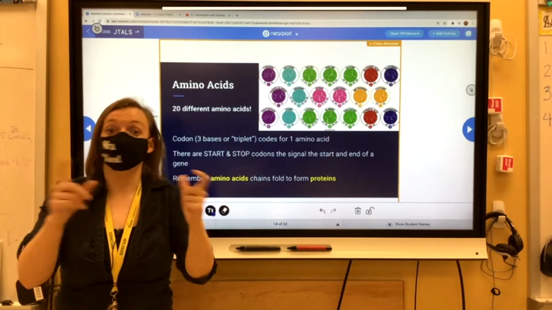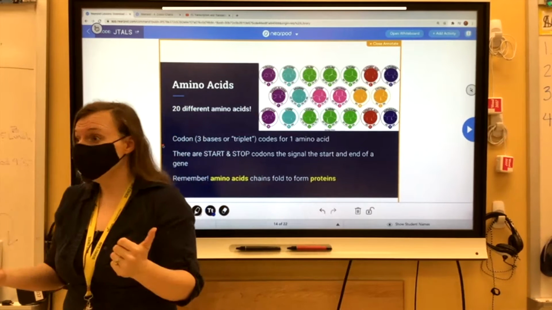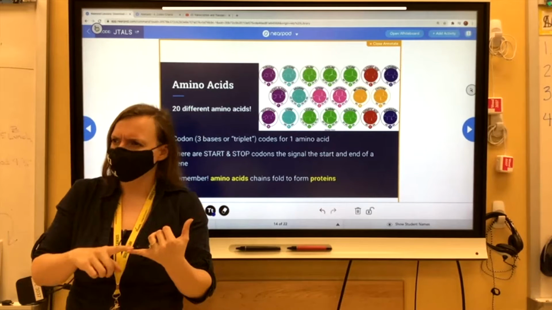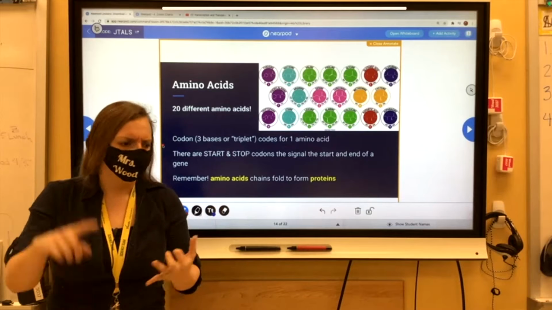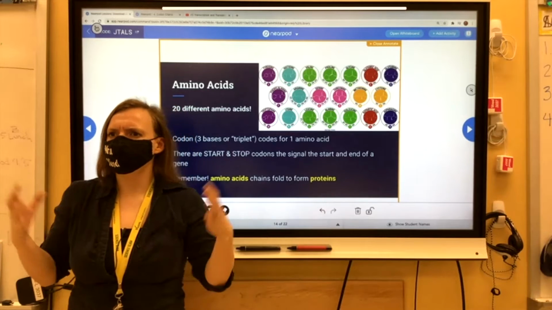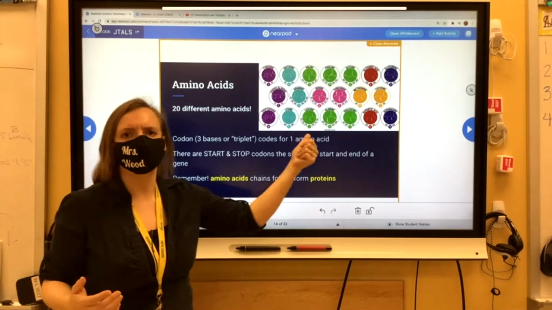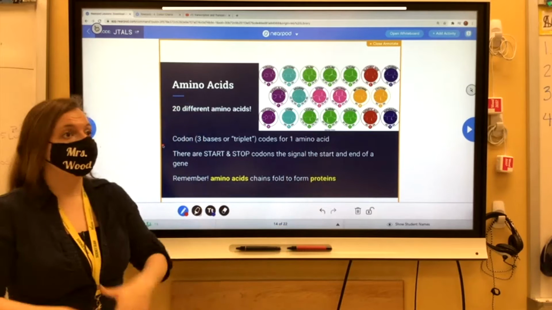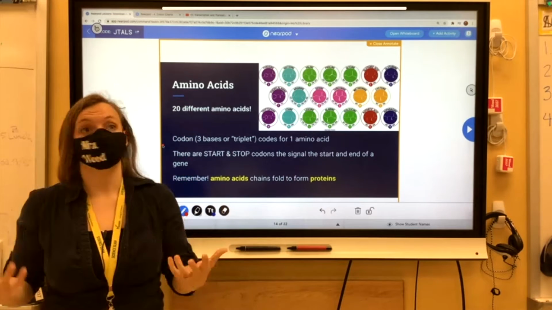But then I thought about actually baking. So if anybody in here is a baker, you know that in a recipe, in baking, you kind of always use flour, kind of always use sugar, eggs, maybe oil or butter, and a lot of the same ingredients. So this is kind of like that. We only have 20 ingredients to work with to make our recipe, our protein.